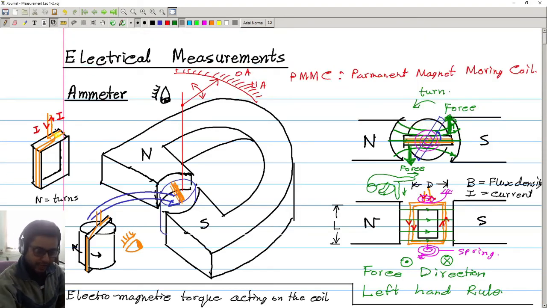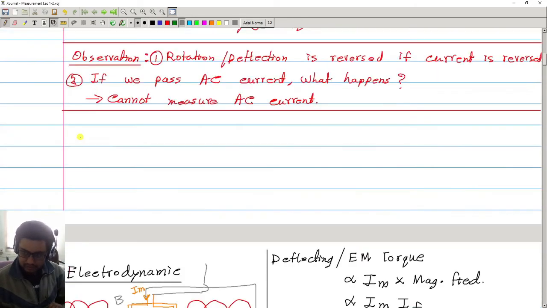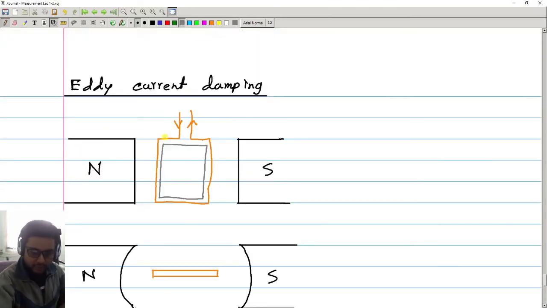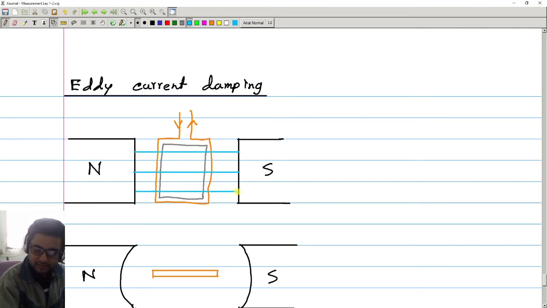So we had a frame and we said that it could be made up of aluminium. So let us take an aluminium frame, which I am drawing like this here. Okay. Now flux lines are like this from left to right.